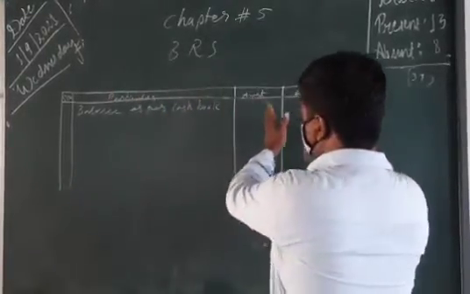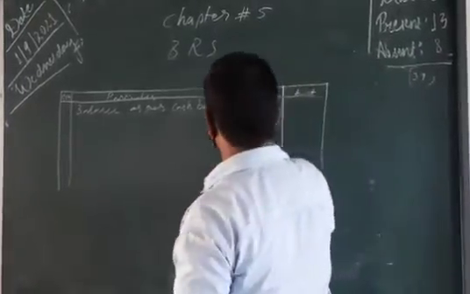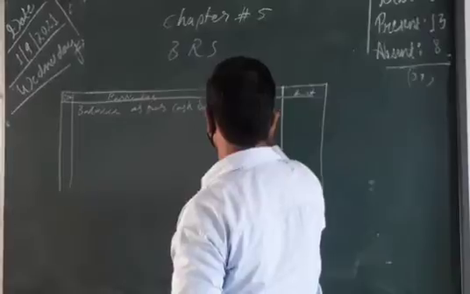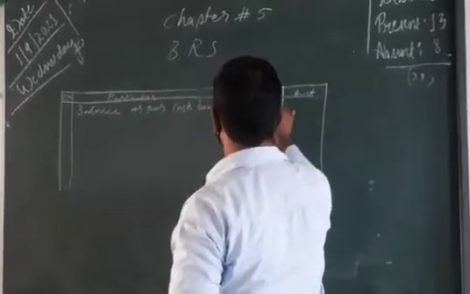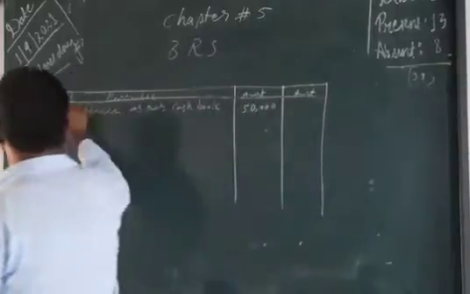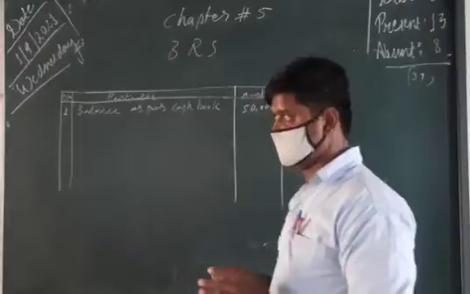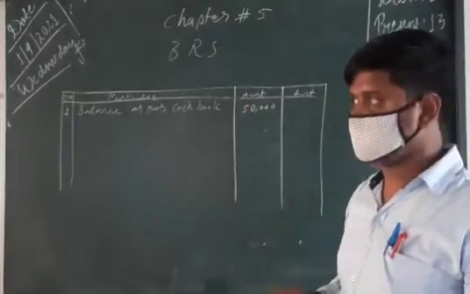Even though in the amount column there is no subtraction, we will write this amount in the first column. Amount was 50,000, no? Yes, 50,000. So here you can give serial number one: balance as per cash book.